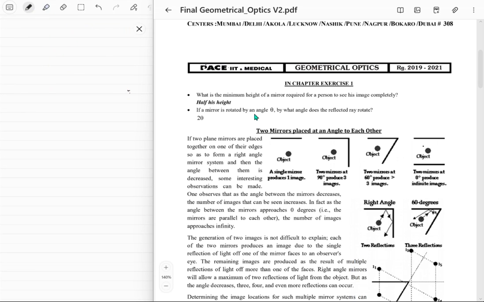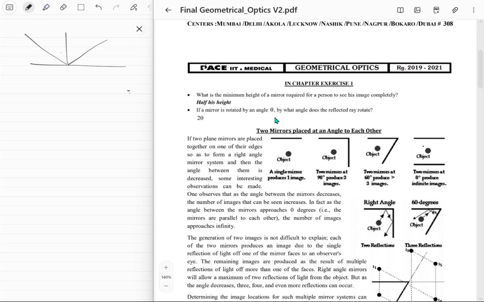Okay, second, if a mirror is rotated by angle theta, by what angle does the reflected ray rotate? So they're saying it's 2 theta. Let's see. So you have some incident ray like this, and then you have this reflected ray. Since you're rotating a mirror, you're also rotating the normal.